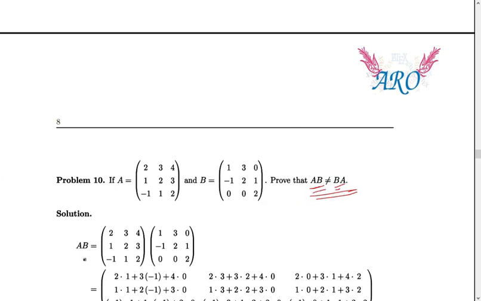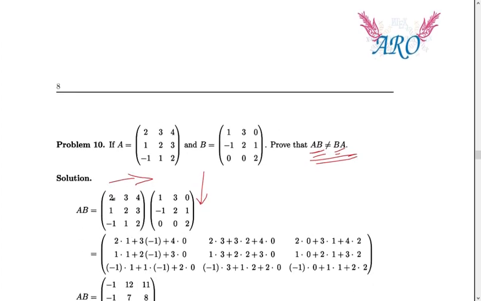For AB we use the matrix multiplication method, taking a row and multiplying by a column. The first element is 2.1 plus 3 dot minus 1 plus 4.0. The second is 2.3 plus 3.2 plus 4.0. The next is 2.0 plus 3.1 plus 4.2. Then taking the next row and multiplying column-wise: 1.1 plus 2 dot minus 1 plus 3.0 and so on.